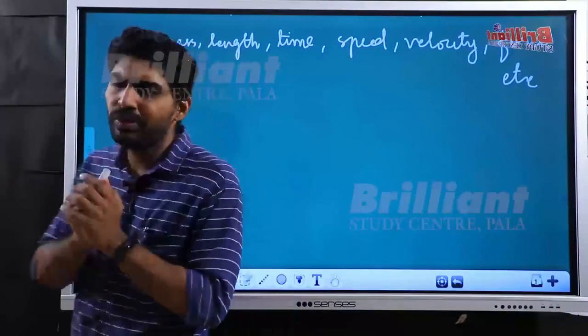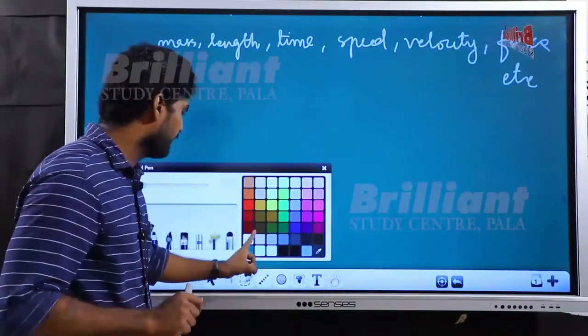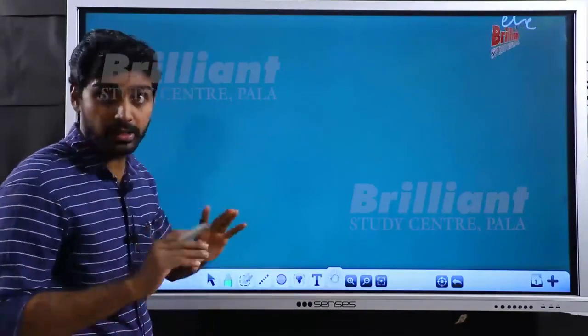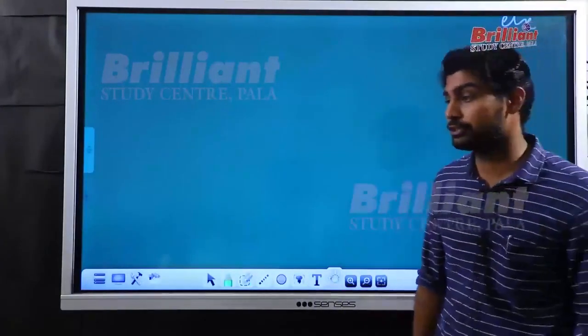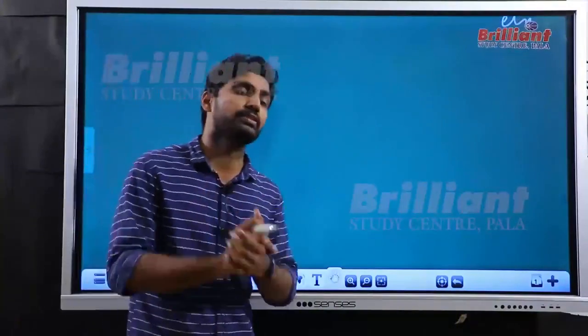Here we are going to see a classification of physical quantities. There are a large number of classifications. We can classify physical quantities into scalars and vectors, but we are not discussing that classification.